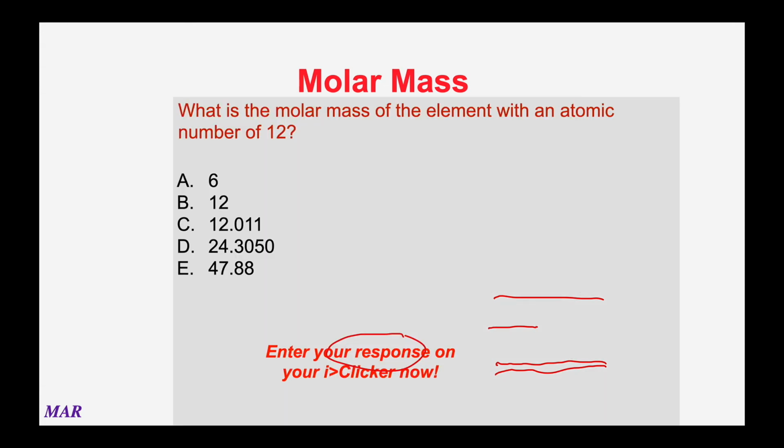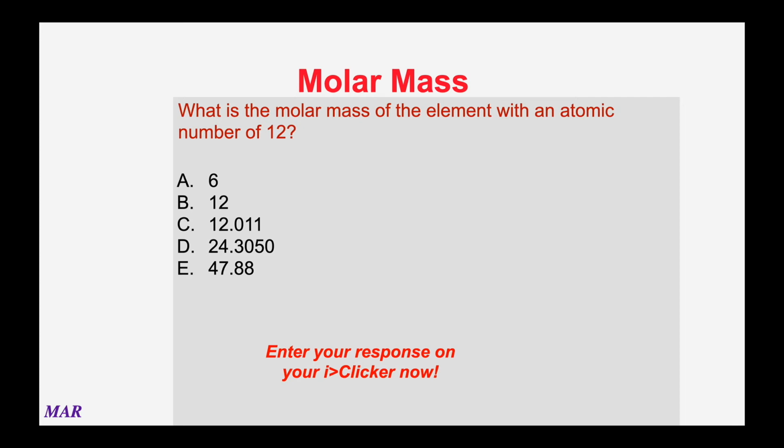Here's a type of problem you might see. It says, what's the molar mass of an element with an atomic number of 12? So I'm making you think about what these different things mean. An atomic number, if you remember from earlier, is not the molar mass number, it's the number of protons. So if you look on your periodic table, atomic number 12 is magnesium, Mg, and it's the other number on your periodic table, which is what you want for this answer.